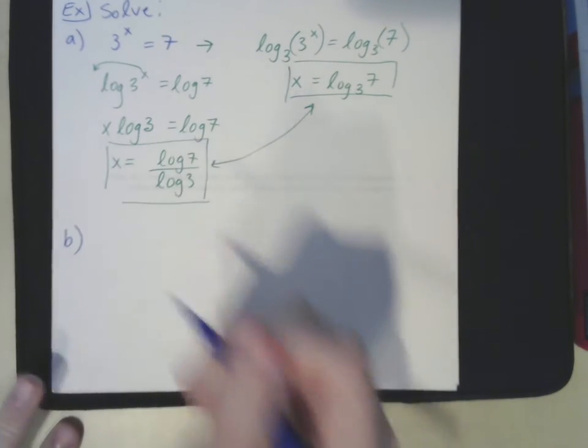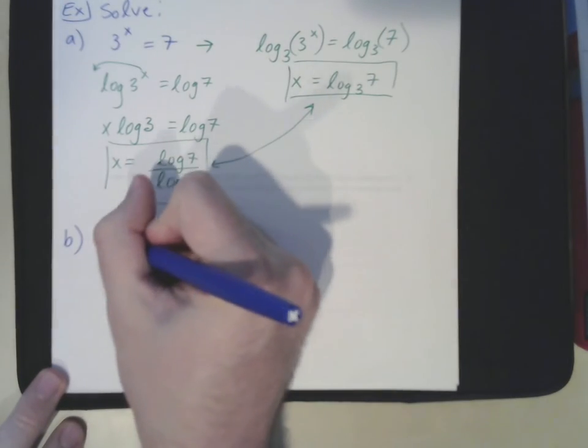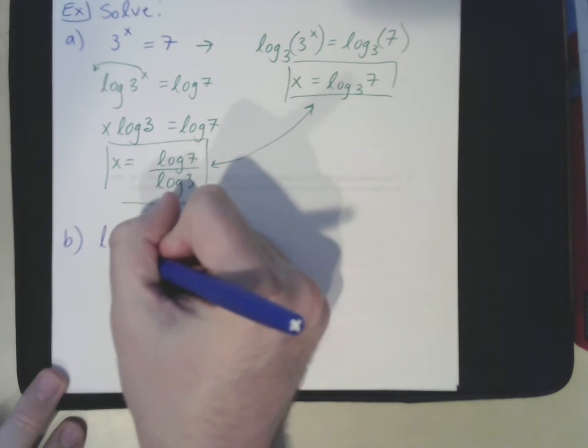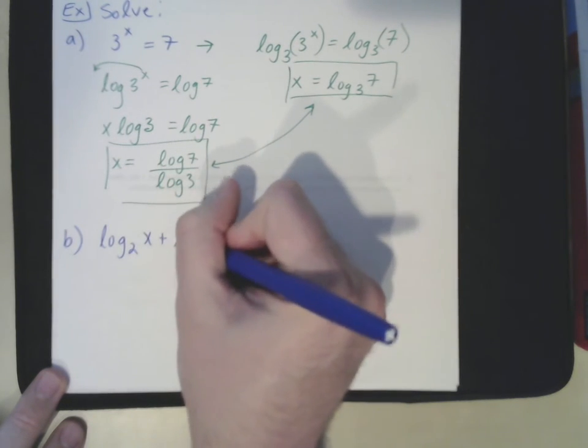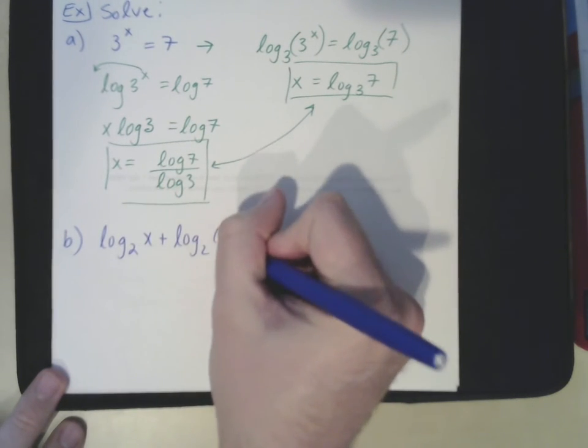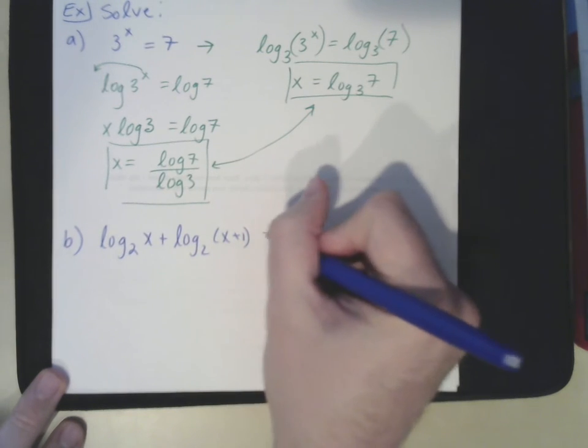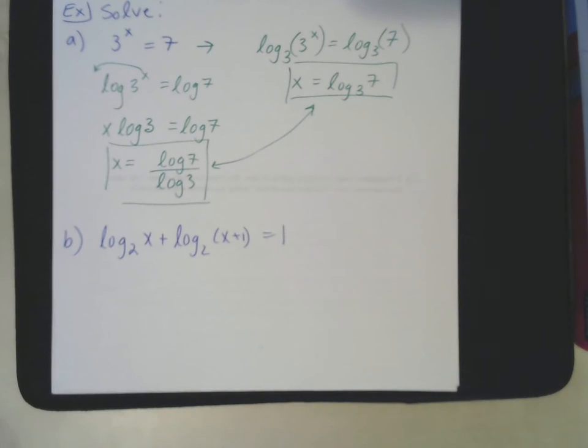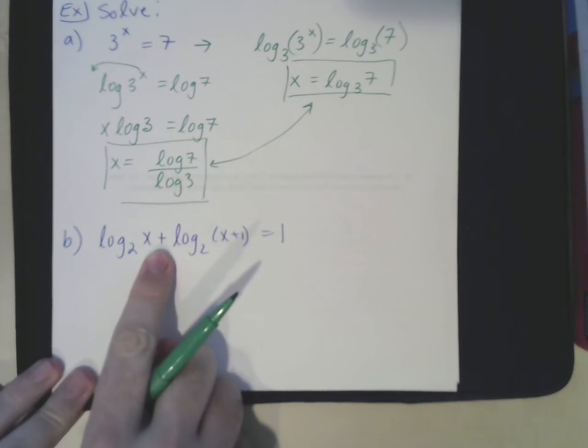So let's look at another equation. Let's start with logs this time. Let's have log base 2 of x plus log base 2 of x plus 1 equals 1. The first thing we do for this one is use properties of logarithms.